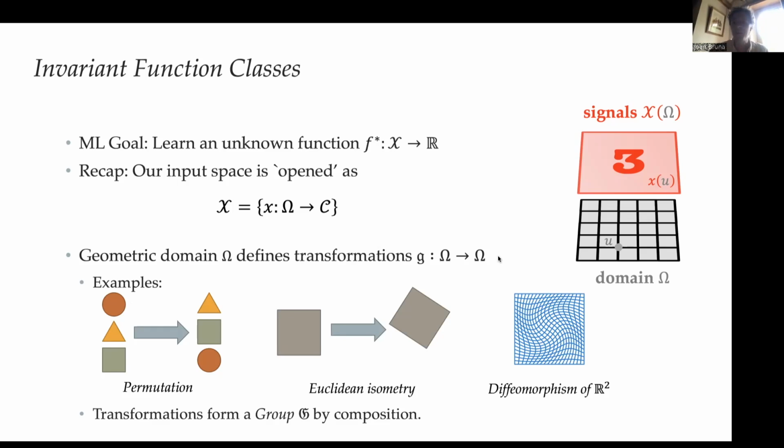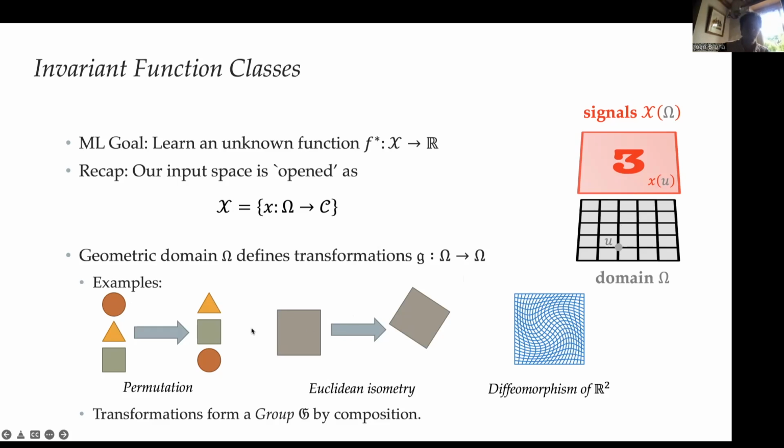Or if I have points in this 2-dimensional grid, I can translate any pixel from one location to another. I can do that either with a rigid motion, like Euclidean transformations here, or even with what we call a warping or diffeomorphism, so that every pixel in my domain is moved to another place.